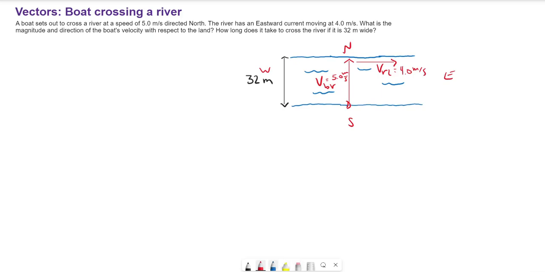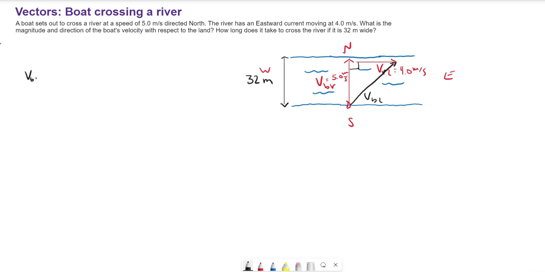And so what we want to know is basically the hypotenuse of this triangle here. So this is the velocity of the boat with respect to the land, so VBL. We just have a right triangle here, and we know the two sides of the triangle, VBR and VRL, and we want to find the hypotenuse. So we're just going to use the Pythagorean theorem, right?